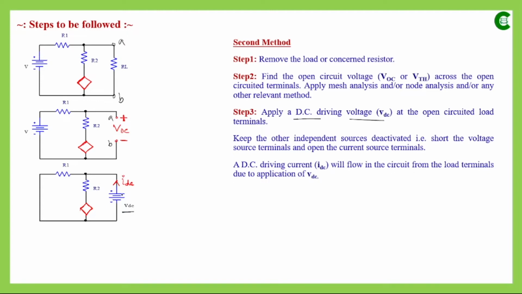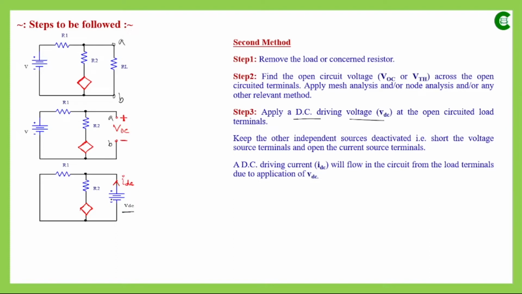Along with that, we will deactivate all other independent sources from that circuit. So we will simply short that path where the voltage source was connected, as this voltage source was an ideal source. Otherwise, if it is not an ideal voltage source, we will keep the resistance value. And we also know how to deactivate the current source.